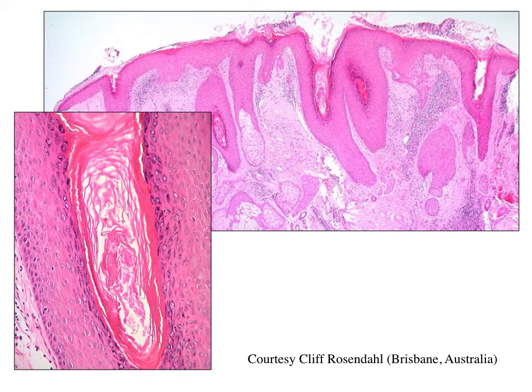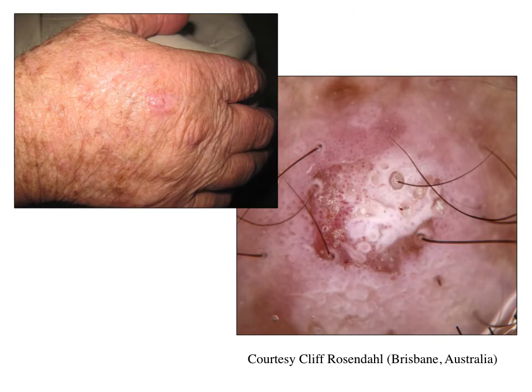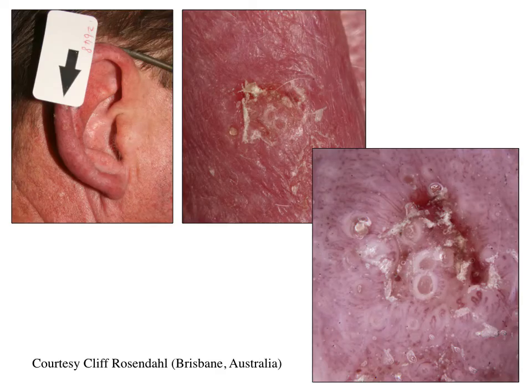Some of the plugs go deeply into the follicles, and this produces a very peculiar image that has been described by Australian authors, and these are the white circles. These white circles are highly suggestive of squamous cell carcinoma and very interesting in the diagnosis of flat or slightly raised lesions.